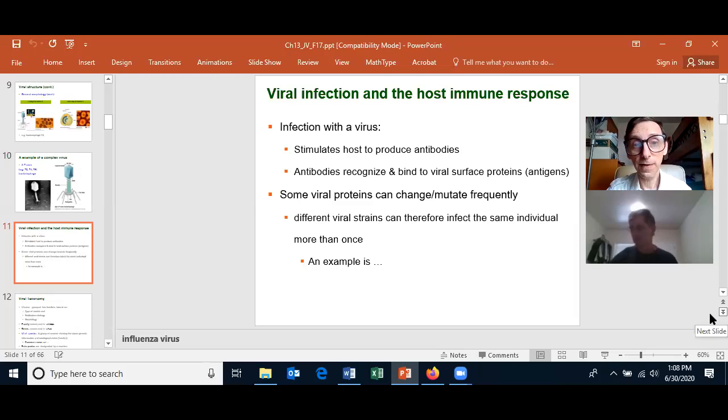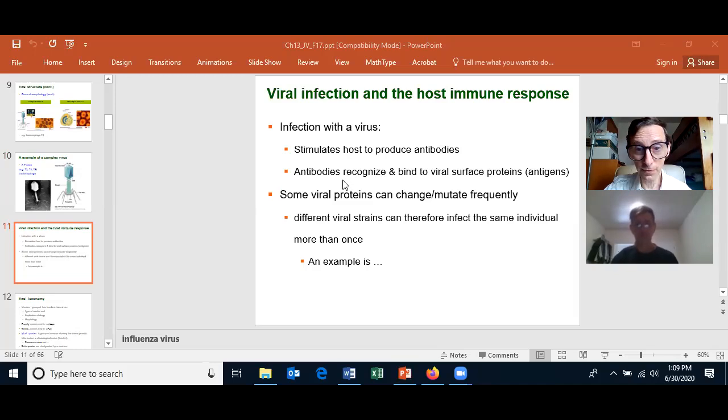With viral infection, this can lead the host to produce antibodies, and we're really talking about an animal here. Bacteria don't produce antibodies to an infection, but when a virus infects an animal, it can stimulate the host to produce antibodies, and the antibodies are the host's immune response to being invaded by a foreign entity such as a virus.